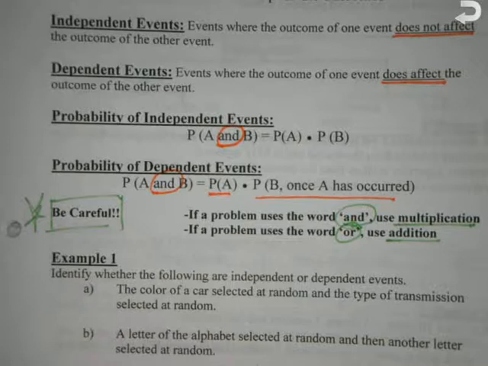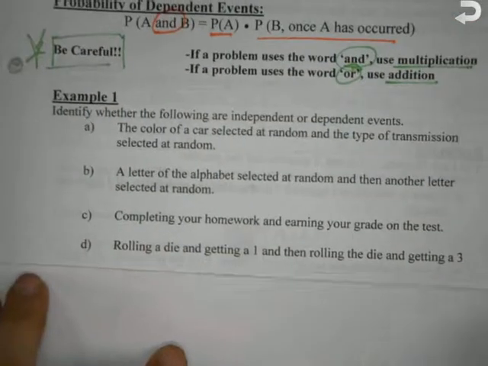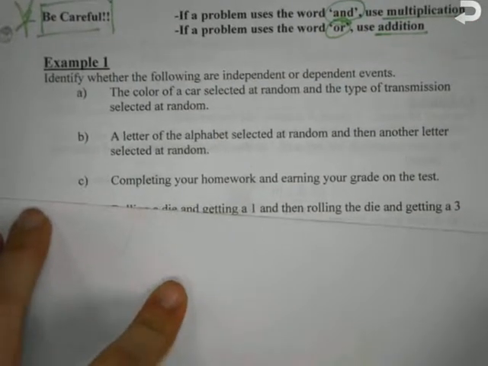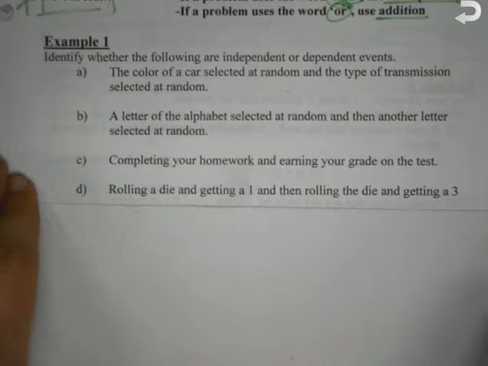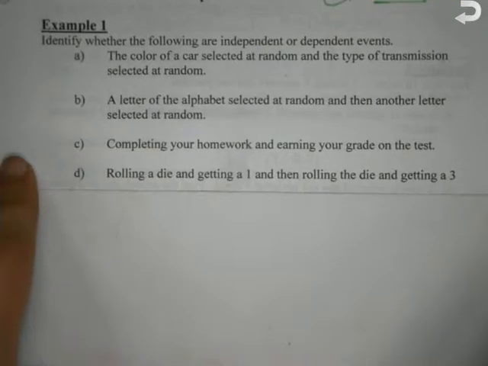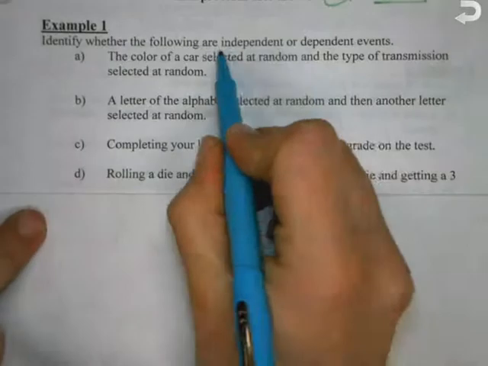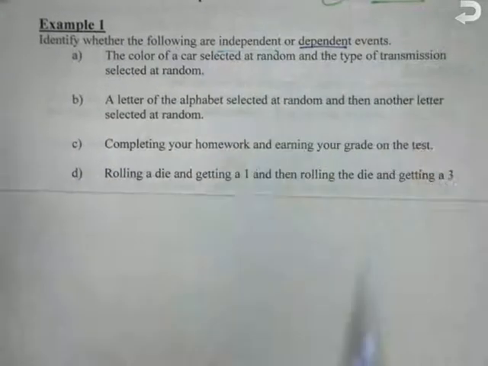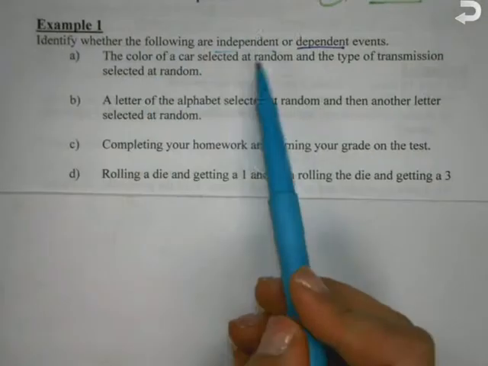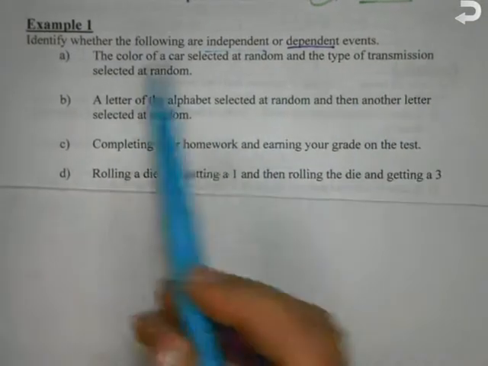Example 1, all we want to do is identify if it's independent or dependent, so we have to practice first. So if I have, let's use independent blue, dependent purple. Okay, the color of a car selected at random and the type of transmission selected at random. Does one affect the other?